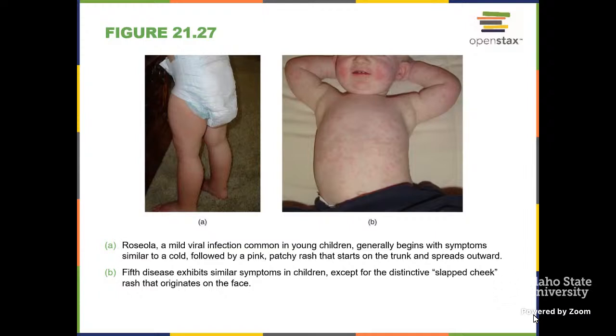So that's the slapped cheek appearance that's characteristic of fifth disease, which they say is the fifth in a series of viral rash-like infections that you kind of expect, roseola being one of them. We'll see some others. And I'm like, well, what happened to number 4? Where are you?